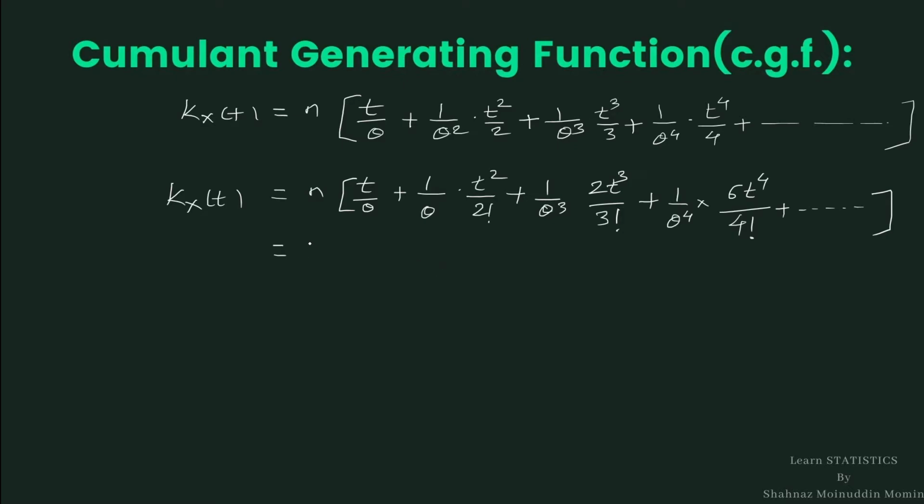So let me multiply it. n by theta into t plus n upon theta square into t square by 2 factorial plus 2n by theta cube into t cube by 3 factorial plus 6n by theta raised to 4 multiplied by t raised to 4 by 4 factorial.